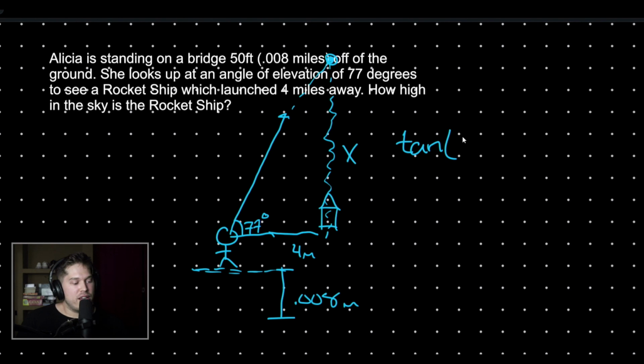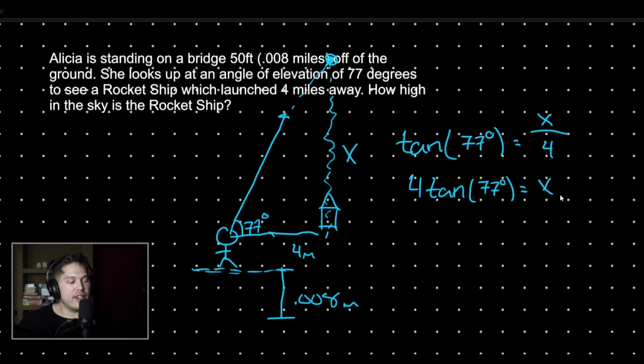So tangent of 77 degrees is equal to the unknown height, x, over 4 miles. Now to solve for x, we can simply multiply both sides by 4 to get 4 times the tangent of 77 degrees is equal to x. We plug this into our calculator.